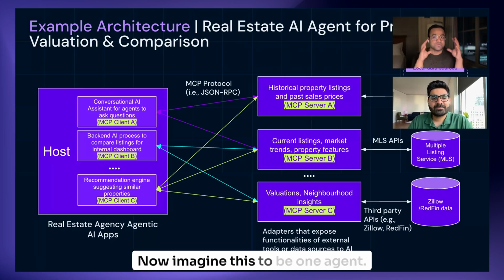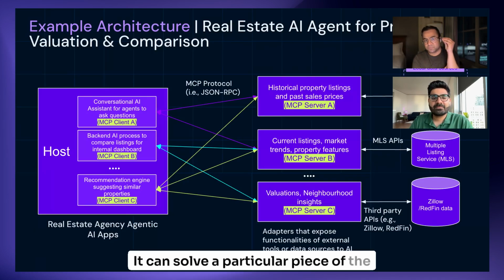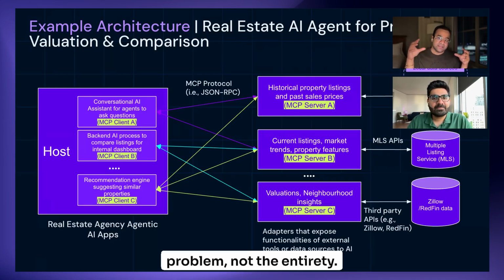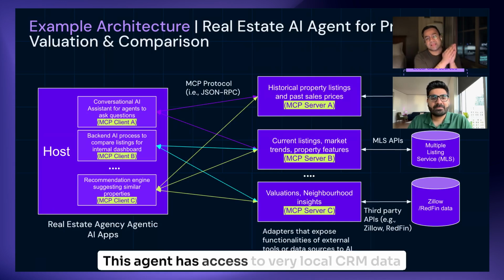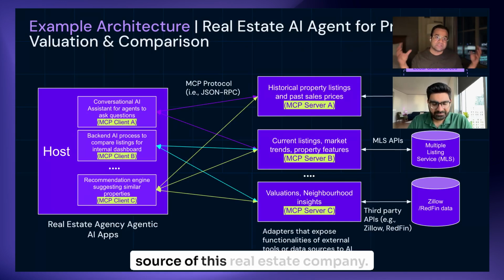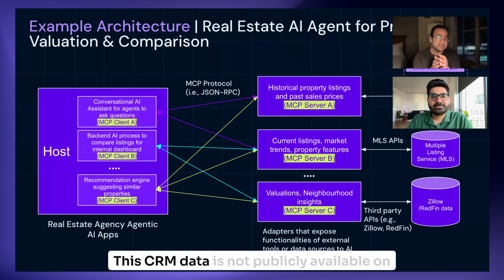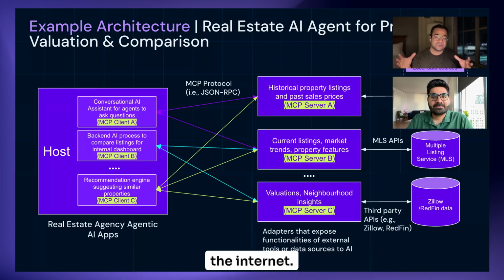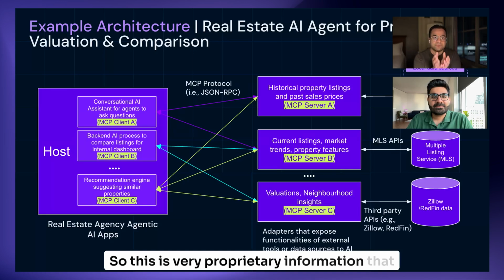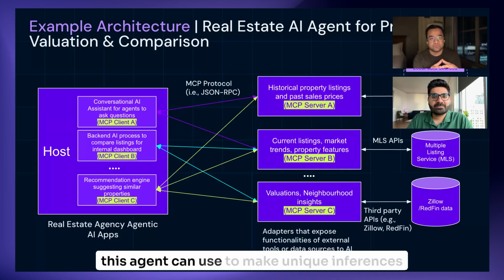Now imagine this to be one agent. It can solve a particular piece of the problem, not the entirety. This agent has access to the very local CRM data source of this real estate company. This CRM data is not publicly available on the internet. So this is very proprietary information that this agent can use to make unique inferences for you.